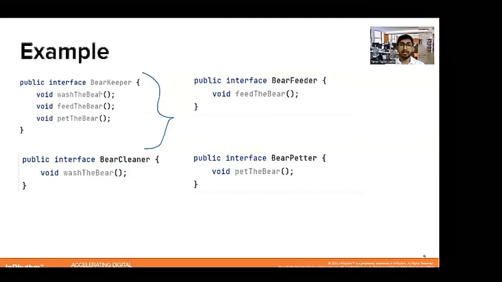Let us break all these behaviors into their own individual interfaces. We have the bear cleaner, the bear feeder, and the bear petter, right? Better. Now, let us implement a class and use these interfaces.